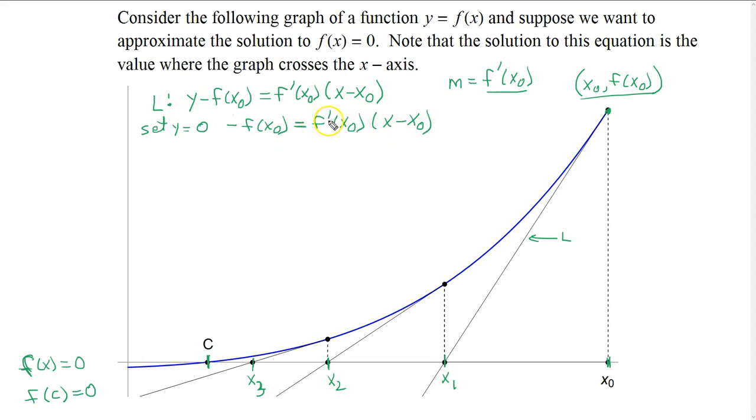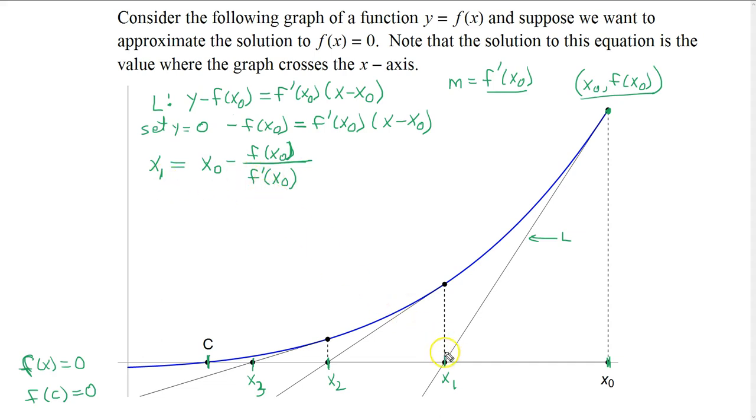So we'll divide the f prime, that's a number that we know, divide it underneath the f of x0, and then add the x0 over to the other side. And what we'll get is this, and this value right here is where the line L crosses the x-axis. So that is our x1. This value is x1.